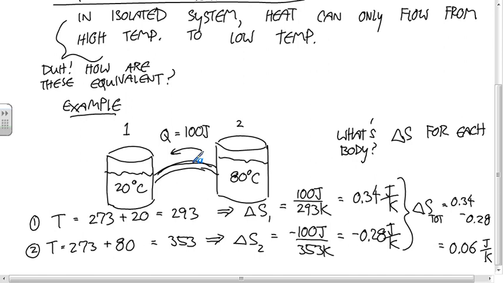And can you see mathematically why that has to happen if heat always flows from high temperature to low temperature? Because you're exchanging the same amount of heat. One's positive and one's negative, but the one that's positive has a smaller denominator. The one that's negative has a bigger denominator. And so the total entropy is always increasing.